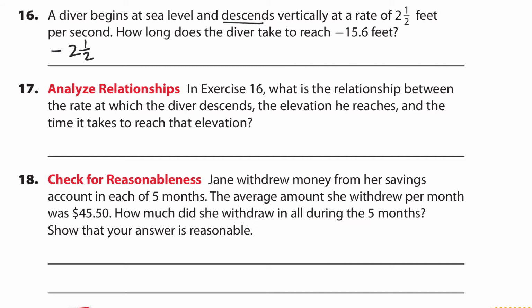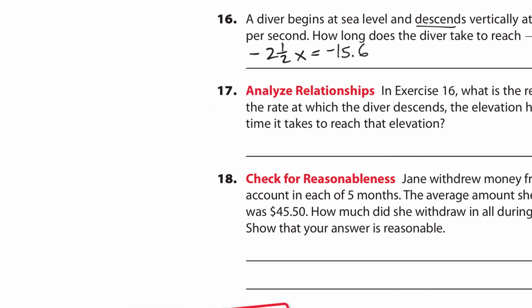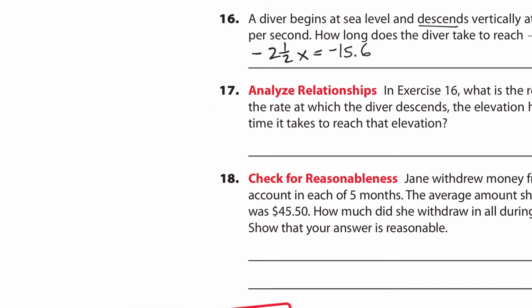So how many seconds to reach negative 15.6 feet? I think I need to solve this over here. So negative 2.5, let's see, 2 times 2 is 4 plus 1 is 5. So that's negative 5 halves times something equals negative 15.6.